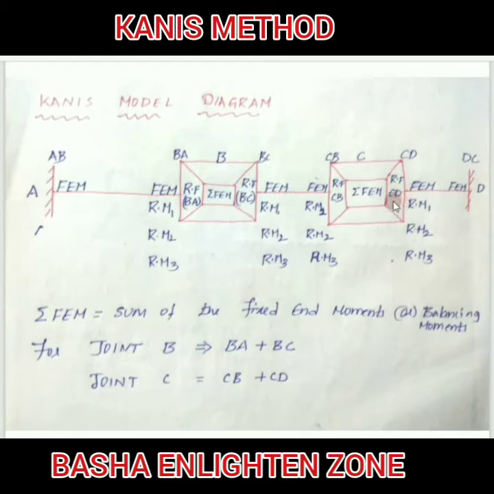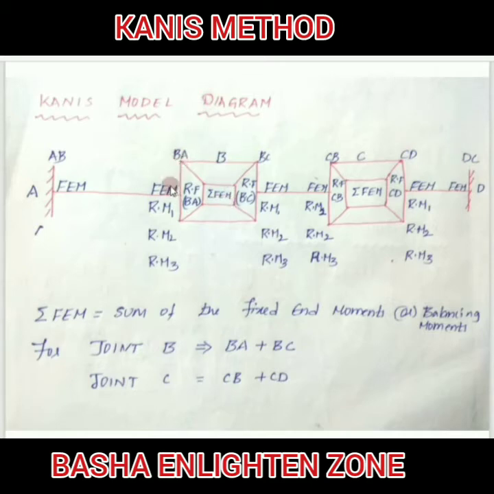After completion of this, then see here, I mentioned sigma FEM, which means sum of the fixed moments. So what we have to sum here: for particular joint B, there will be 2 connecting members, that is BA and BC. Means at joint B there will be 2 members, and we have to sum these 2 members.